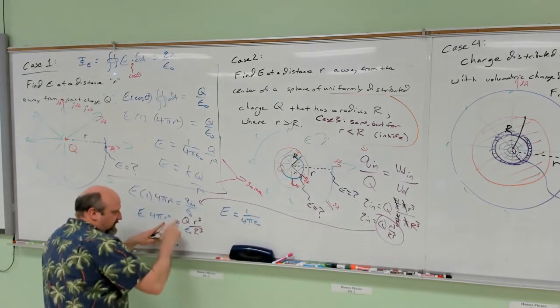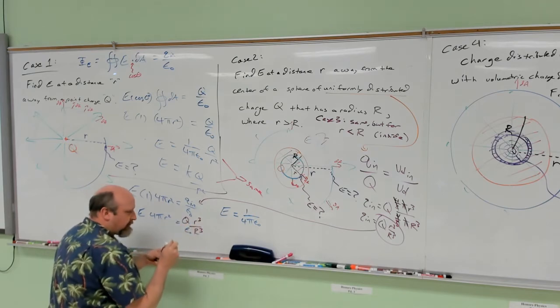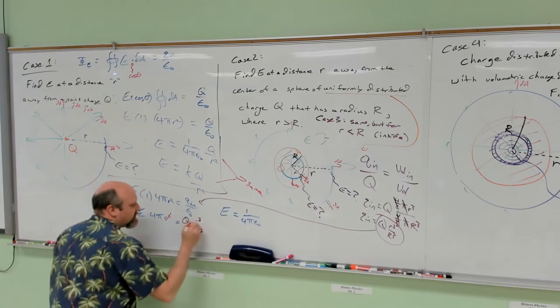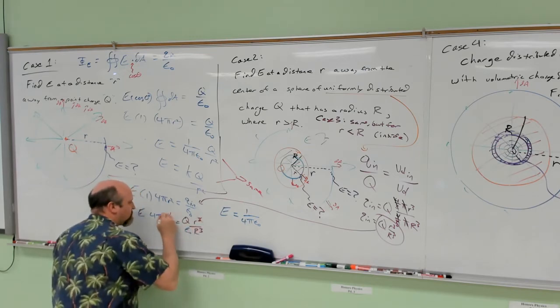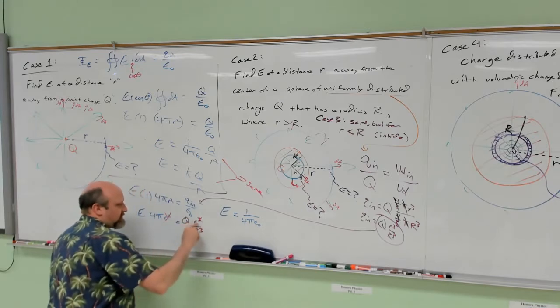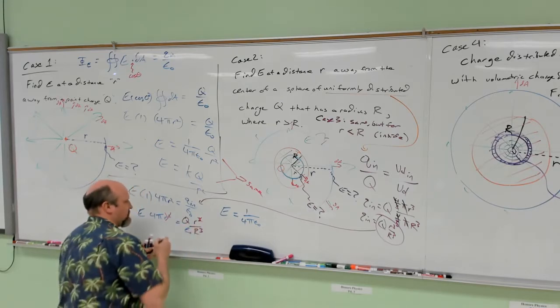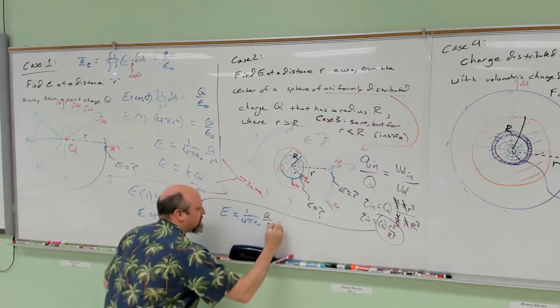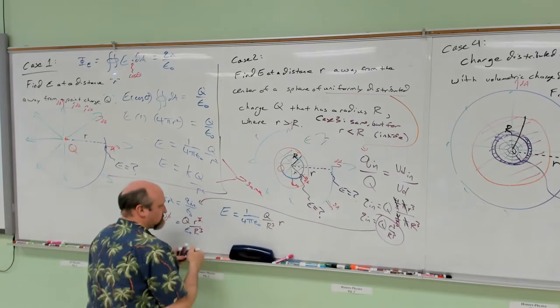R squared is going to cancel 2 of the r's here, right? And so what I'm going to end up with is just 1 r on top. I'm going to have Q over r cubed. I'm just going to have 1 r left.